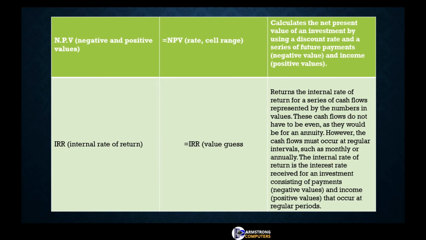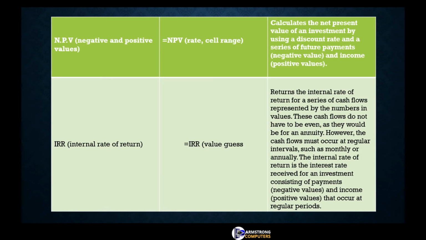This internal rate of return is the interest rate received for an investment consisting of payments, which are negative values, and income, that is positive values, that occur regularly.